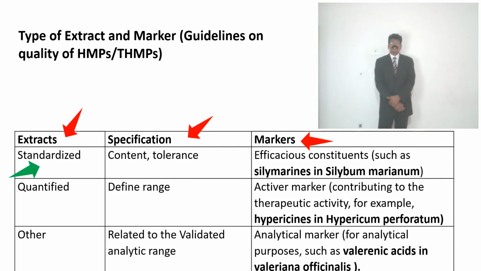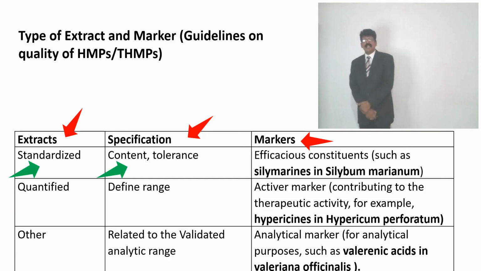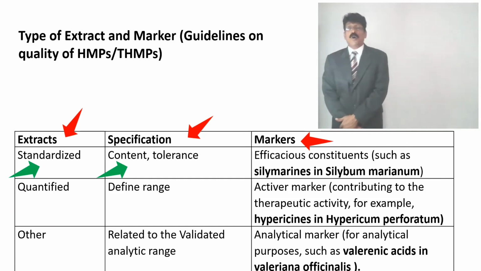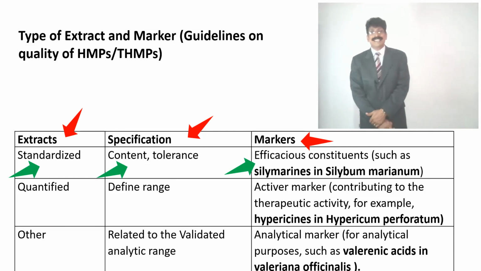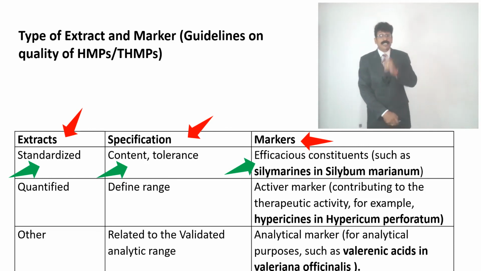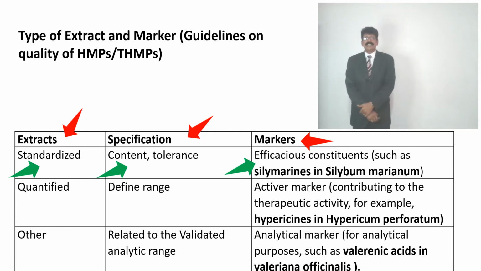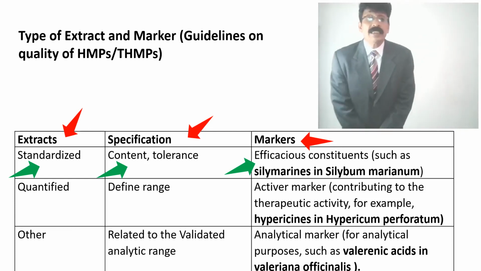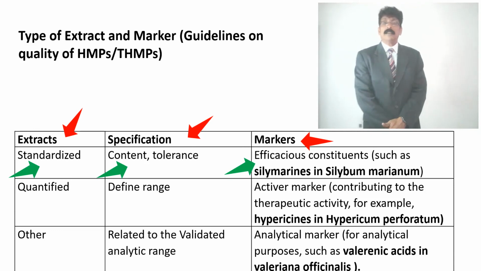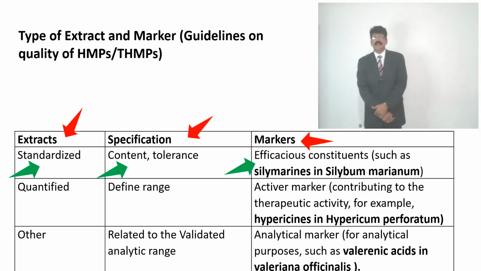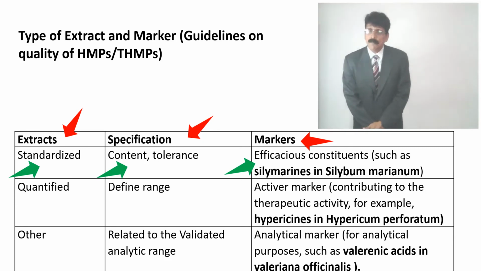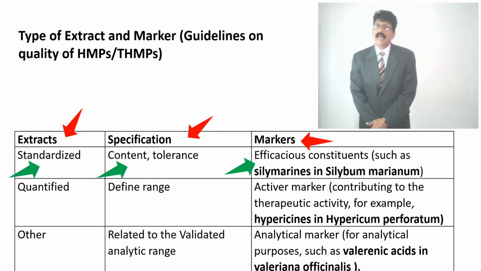So when you want to see a standardized content and tolerance, we can go for efficacious constituents, such as silymarin, in Silybum marianum.